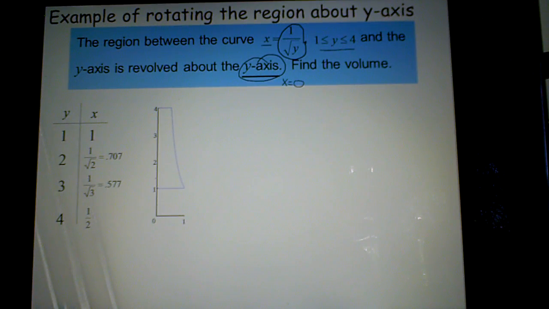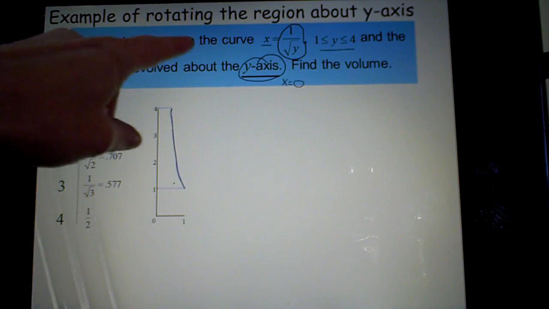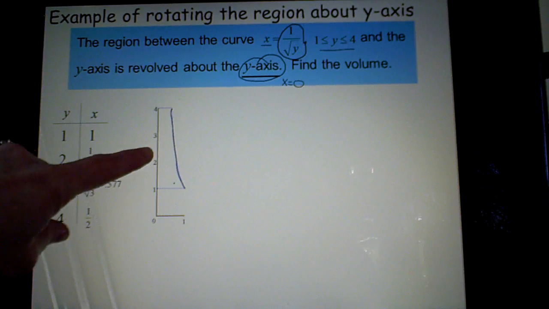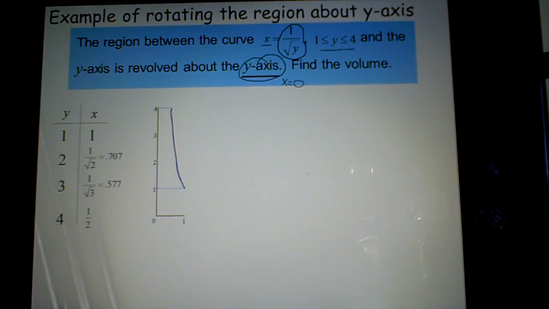So y is from 1 to 4. From the x-axis, here is 1 over root y. So the region between the curve and the y-axis, bounded area here. So here's the area.